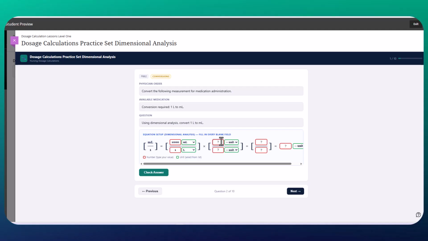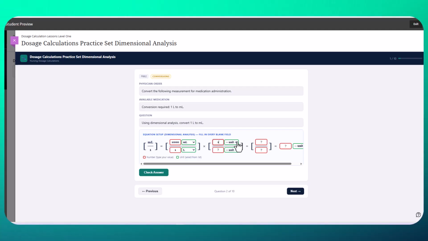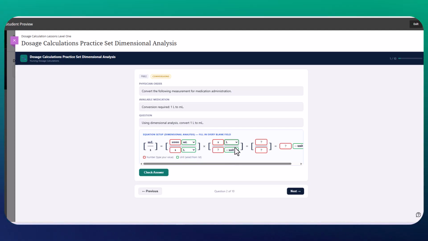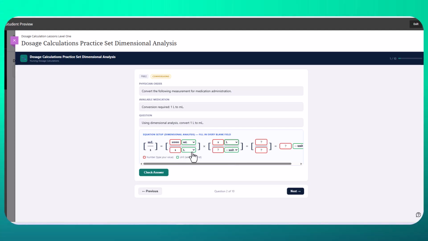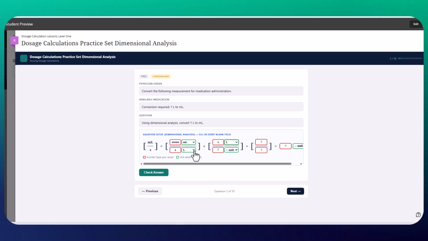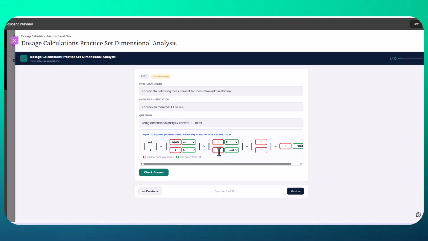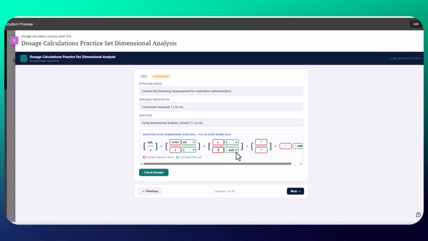All right, so put 1 liter here. Now, why am I putting 1 liter in the numerator position of the next fraction? Because liters is in the denominator position of the fraction before, and I must cross cancel them. Cross out, cross out. I'm left with milliliters, which is what I want. All right, so I've done everything right. All I need to do is put my understood 1 in here so that it's all good.